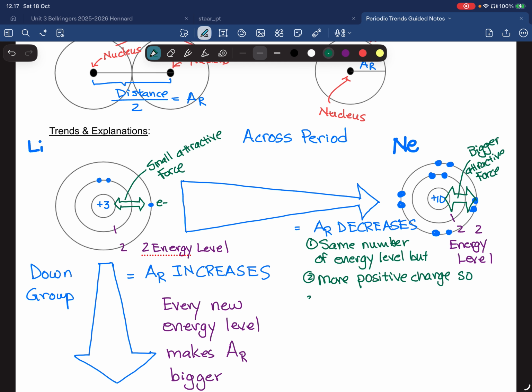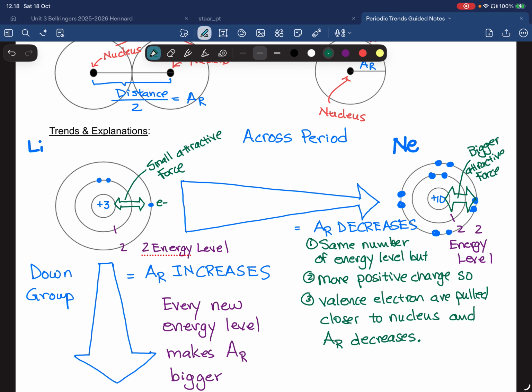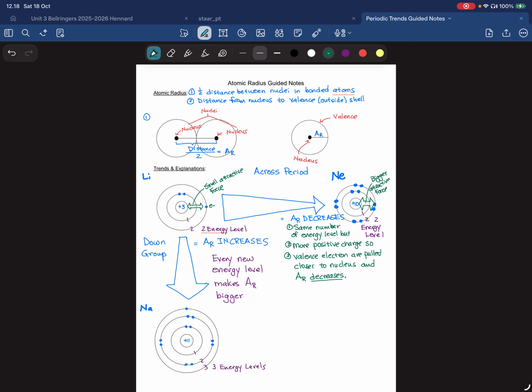So, number three, the valence electrons are pulled closer to the nucleus, and the atomic radius decreases as you go across. And there you go.